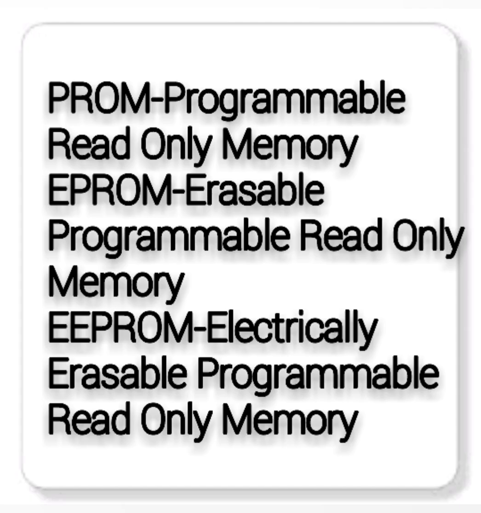In short, we can say ROM is classified into three different types, that is PROM, EPROM and EEPROM. What does PROM mean? PROM means programmable read-only memory. In PROM, we cannot erase any data, in EPROM we can erase the data by using ultraviolet light, and in EEPROM we can erase the information by using electric signals.